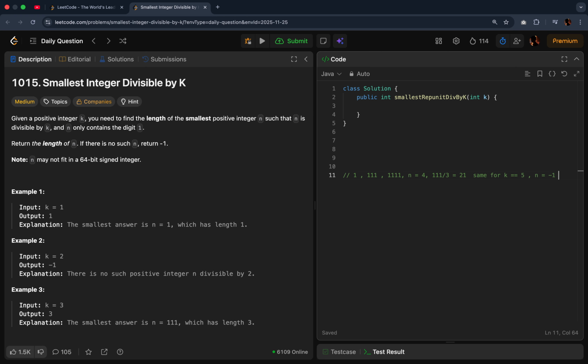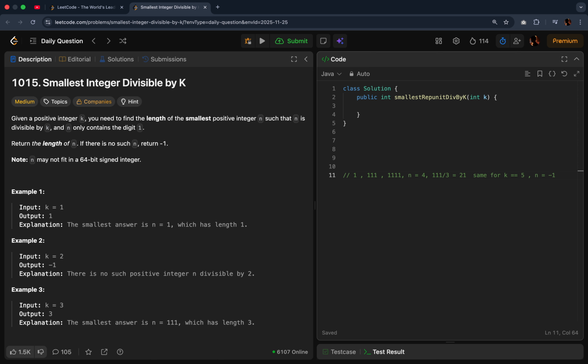We have to find the length of the number made of only ones, and if no such number exists divisible by the given input k, then we return -1. We have to remember that if k has a factor of 2 or 5, then the answer is always -1, because any number made only of ones is never divisible by 2 or 5.